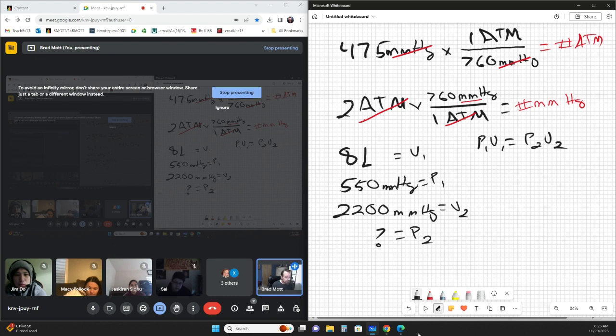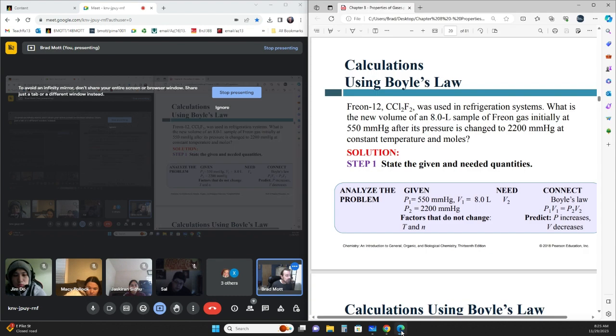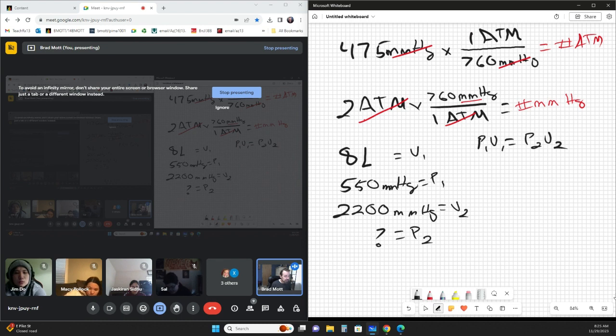What we don't have is volume 2. So we have the first volume, the first pressure, and the second pressure, but we don't have the second volume. Let's rearrange Boyle's law to solve for volume. Let's divide both sides by the second pressure.